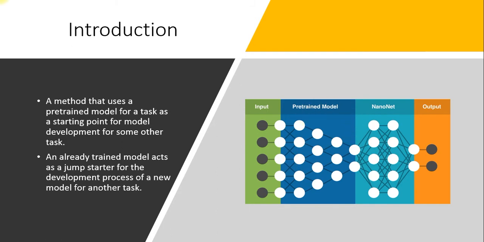This starts as a starting point for model development for some other task, say image classification, and an already trained model acts as a jump starter for the development process of a new model for another task. So instead of creating the deep learning models the way we did previously, we have a pre-trained model which acts as our starting point.